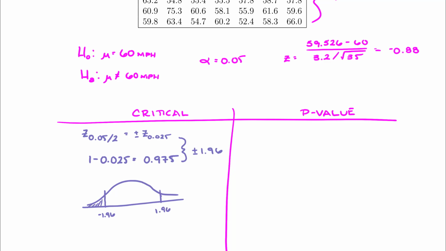Our rejection regions are to the left and the right of those two values respectively. We just need to figure out where our value of negative 0.88 falls. And negative 0.88 definitely falls within the non-rejection region. So we do not reject the null hypothesis.